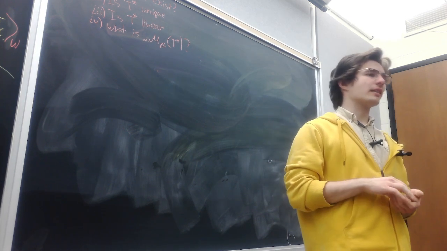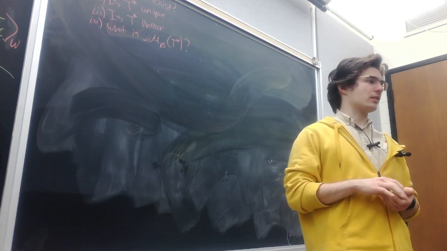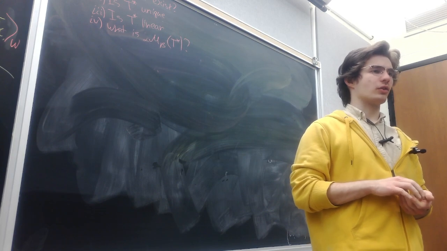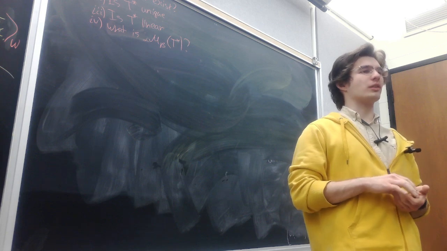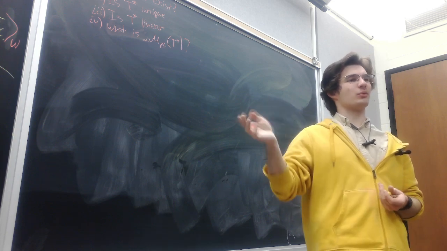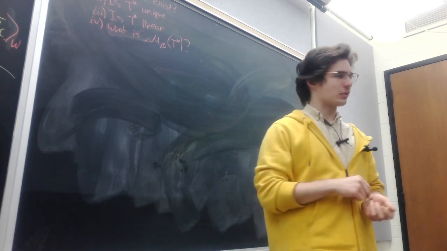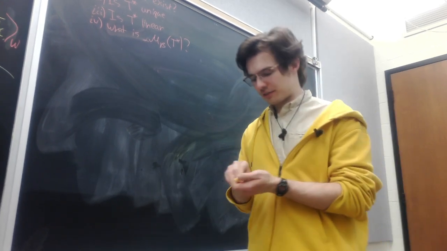In fact, that's how we're going to try and define it. So first, we're going to say, suppose it was defined, what would it look like? And then realize that we can just go backwards and define it that way. So, the construction.